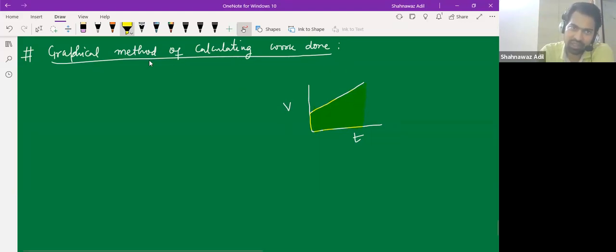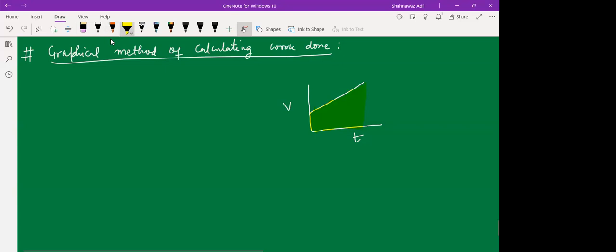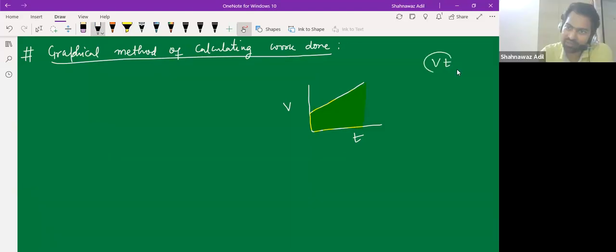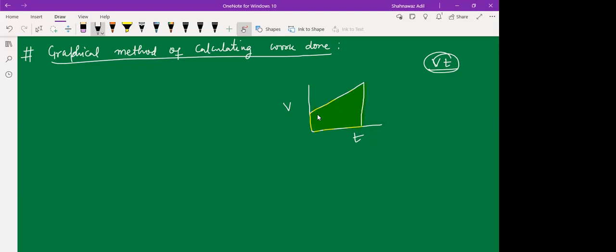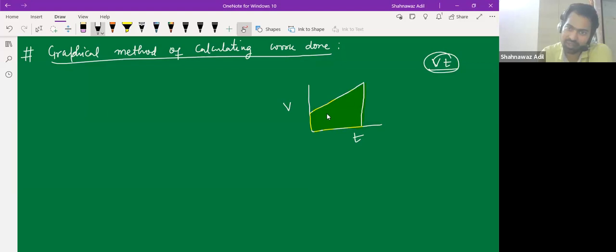If you calculate the area under this curve, what will you get? Do you guys remember? In velocity time graph, we calculated the area and we defined displacement, right? So the area under a velocity time graph gives displacement.